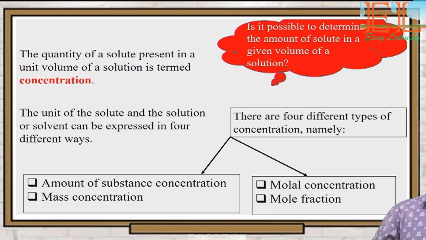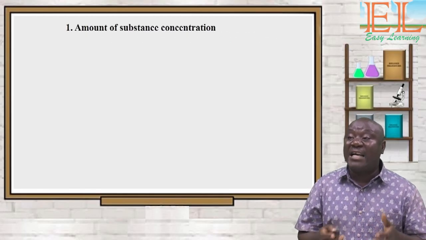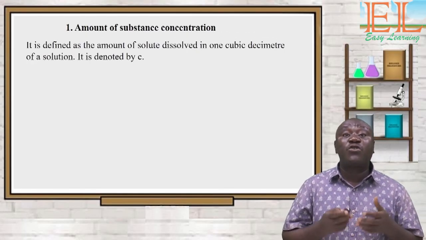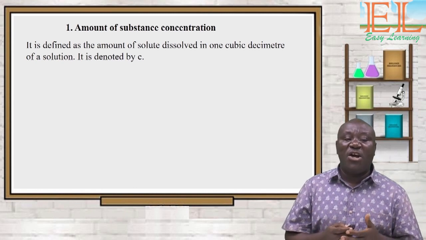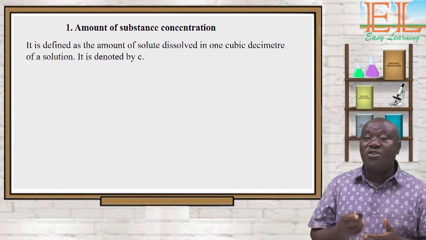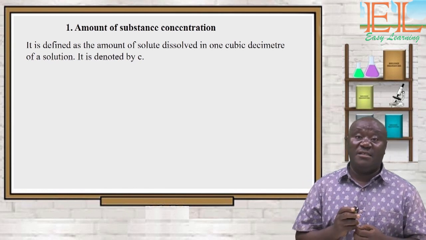Let us consider amount of substance concentration. It's defined as the amount of solute dissolved in 1 cubic decimeter of a solution. Note, it is solution but not solvent.